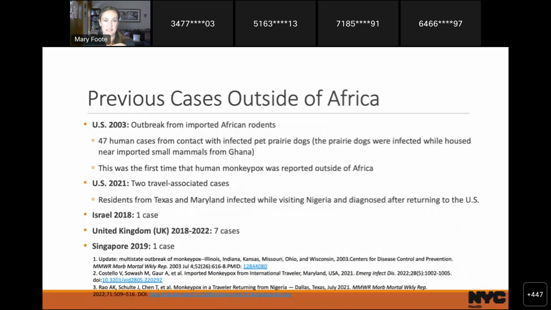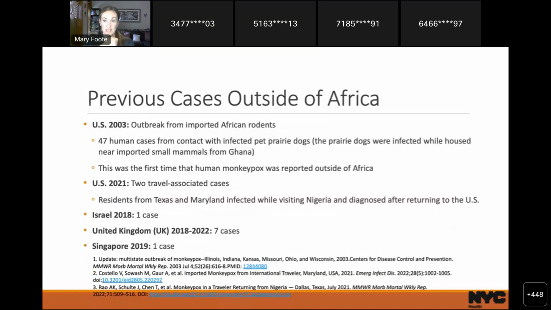And so previous cases outside of the continent, I think the most notable is what occurred in the US in 2003 when there was an outbreak that was related to imported African rodents that were then housed near some other mammals, specifically prairie dogs, that were then potentially infected from these exposures.